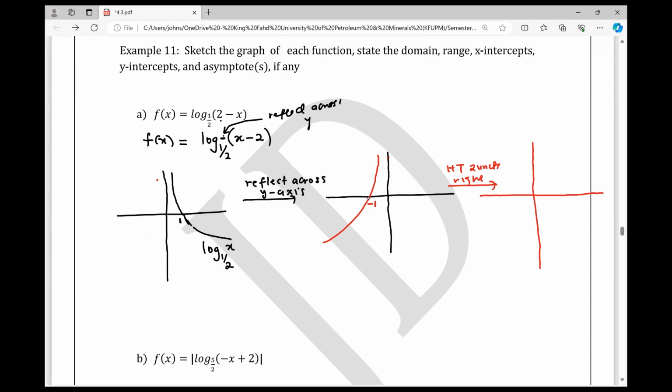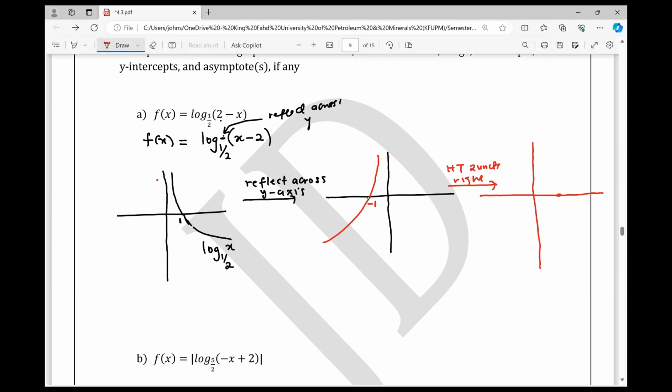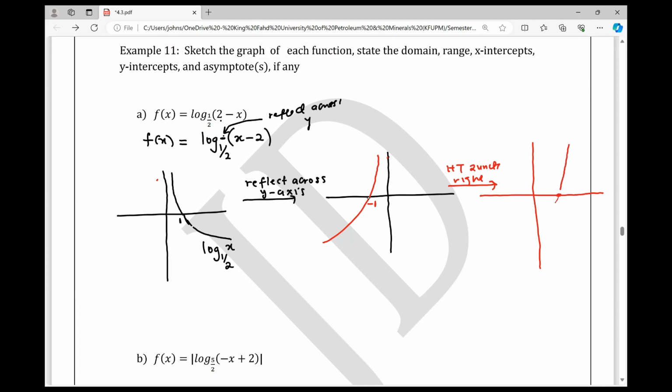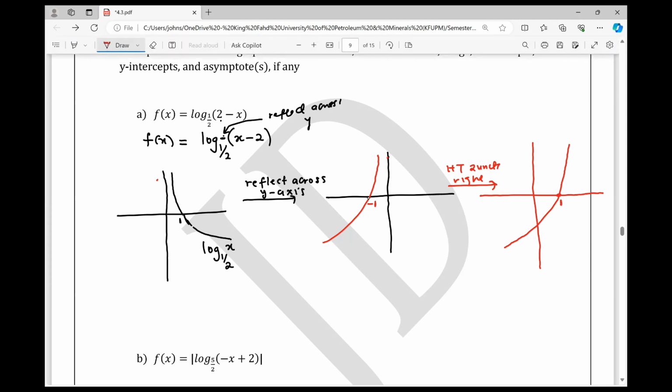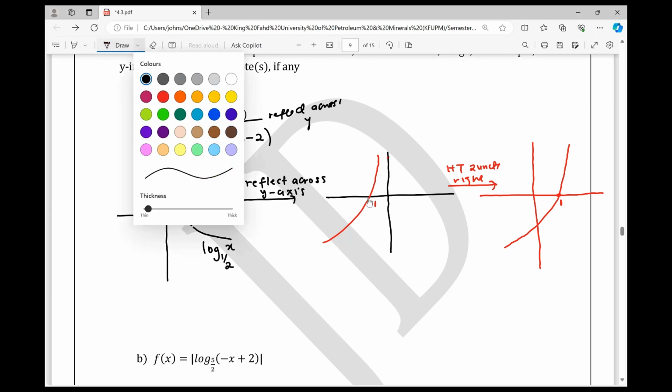If this is minus 1, if you go 1 unit to the right, you will be at 0. Another unit to the right, you will be at 1. So it will just be something like this. Yes, this is going to be 1. But we still have our vertical asymptote.